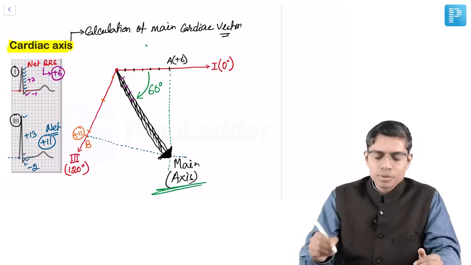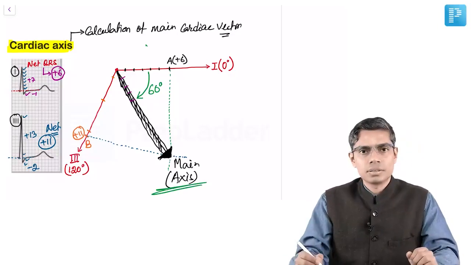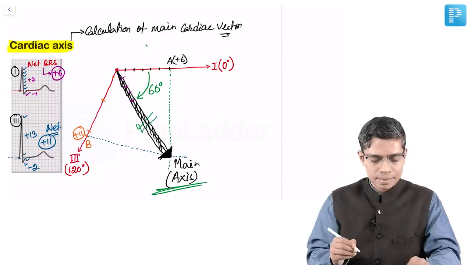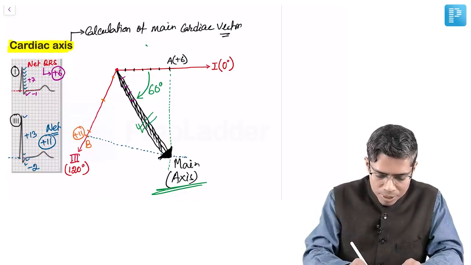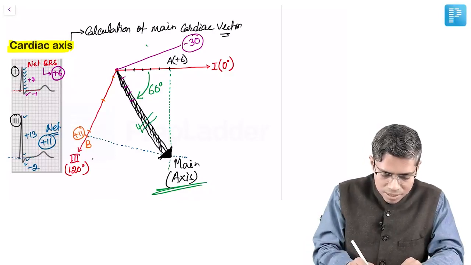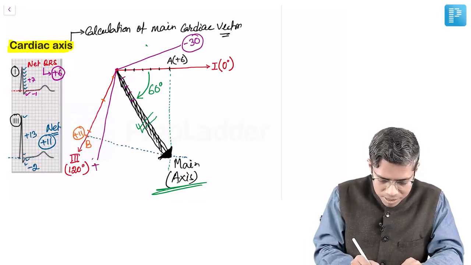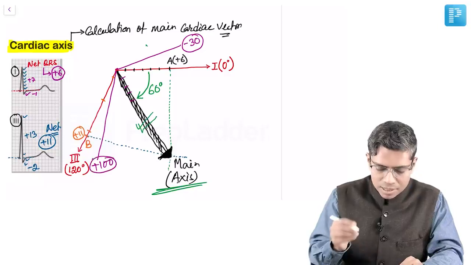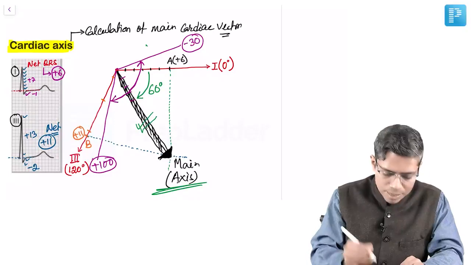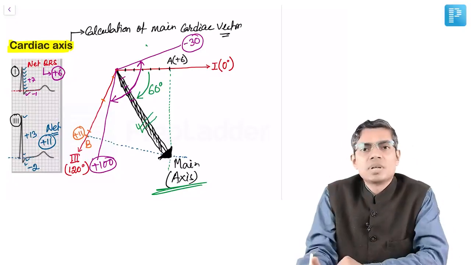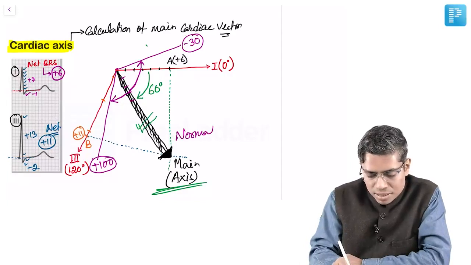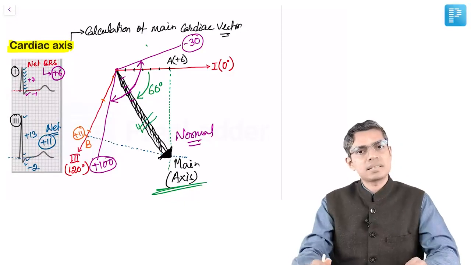Remember, if the main cardiac vector is located at any point between minus 30 and plus 100 degrees, then that is known as the normal cardiac axis. So obviously in this case it is a normal cardiac axis.